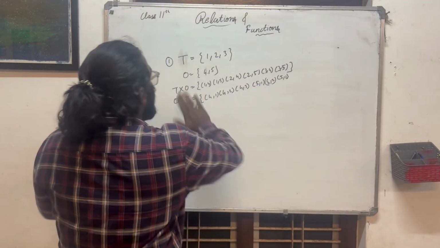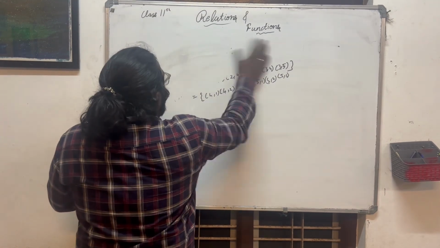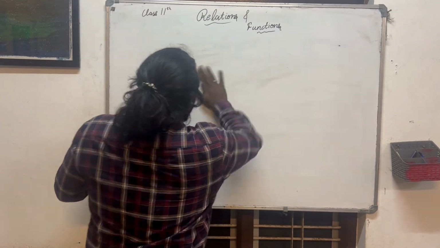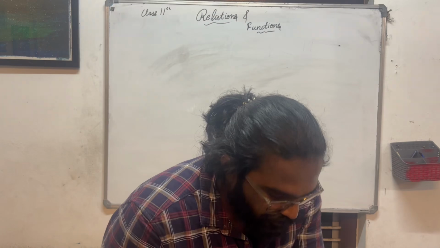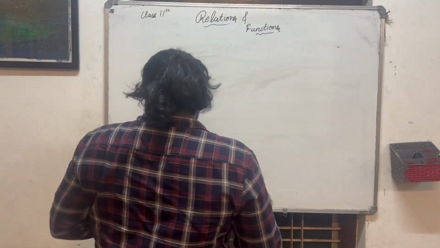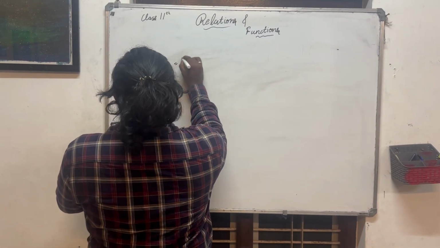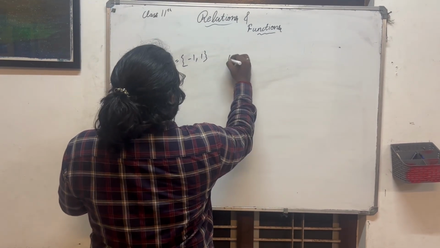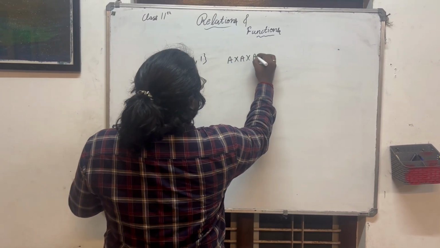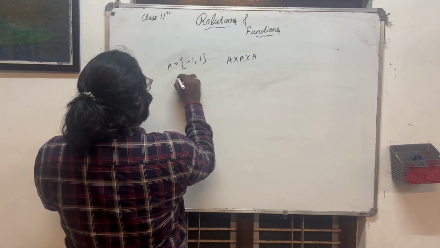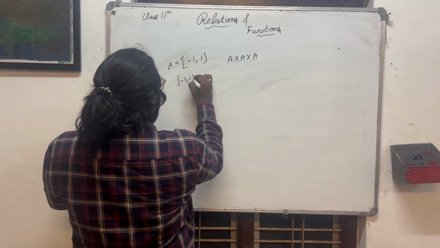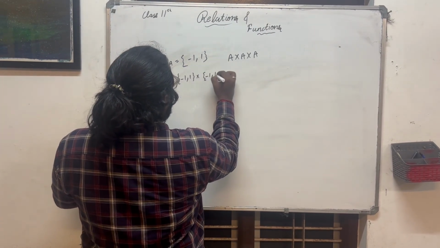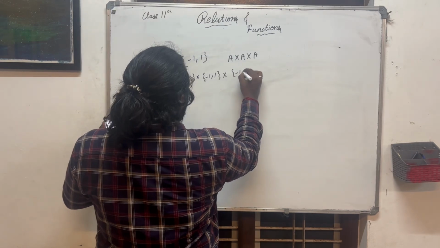Now we will go through one of the important questions. Where we have A as {-1, 1}. This is an important question. We have to find A cross A cross A, multiplying the same thing 3 times. So {-1, 1} into {-1, 1} into {-1, 1}.